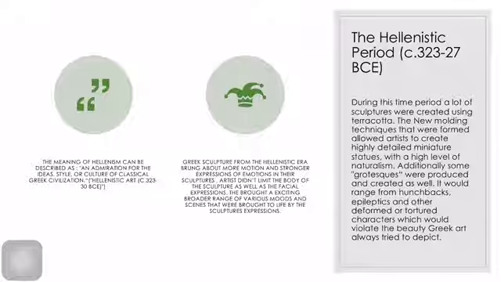It also showed realistic images, because Greek sculptures from the Hellenistic era brought about more motion and stronger expressions of emotions, meaning you could have a sculpture that was angry, you could have a sculpture that was going to war, you could have a sculpture that was laying down, things that are realistic.